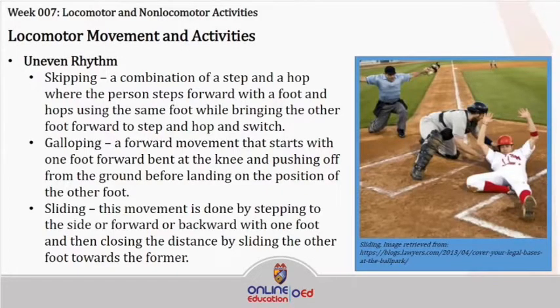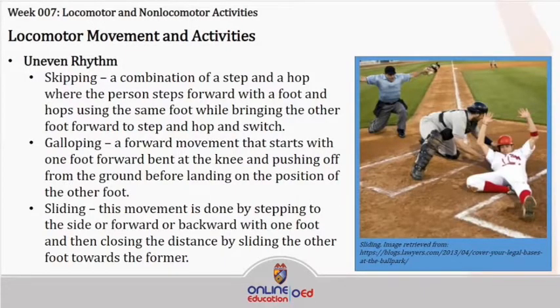And last, sliding. This movement is done by stepping to the side or forward or backward with one foot and then closing the distance by sliding the other foot towards the former. In sliding, you step sideways with one foot, then pull the other foot beside the first.